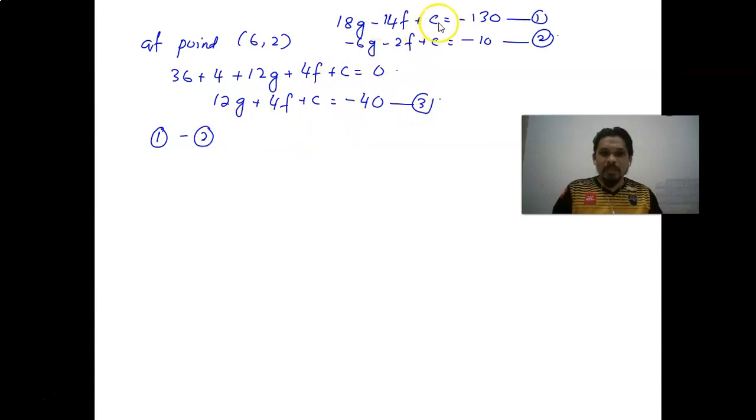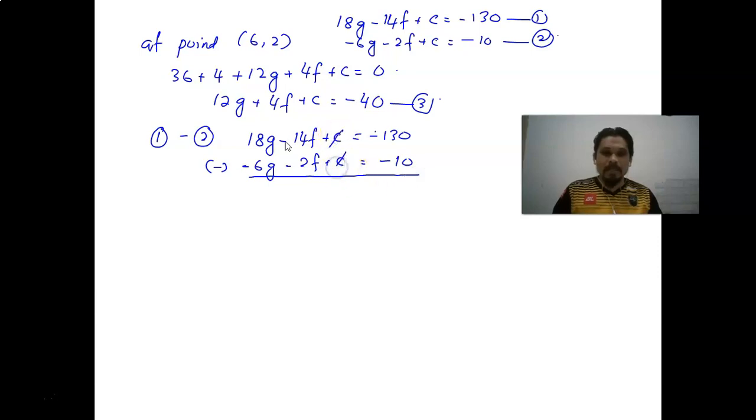Equation 1 minus equation 2, c minus c equals 0. 18g minus 14f plus c equals negative 130, minus negative 6g minus 2f plus c equals negative 10.